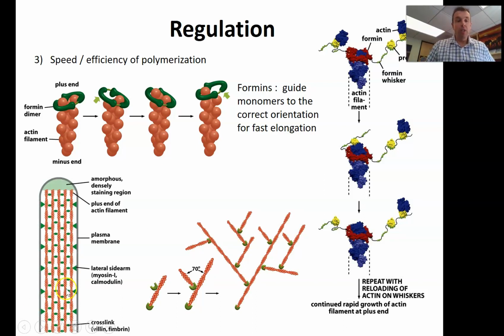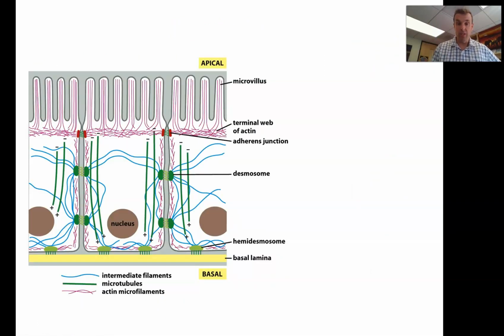And this growth is really, really important. So it's important for certain types. So do you think this growth here with formin would be for long, straight actin filaments or branched actin filaments like this? Well, because this is fast growing, you can get really elongated, straight actin filaments because they don't need to be branched. So this would be for things like filopodia and microvilli at the edge of cells where you need kind of long extensions.